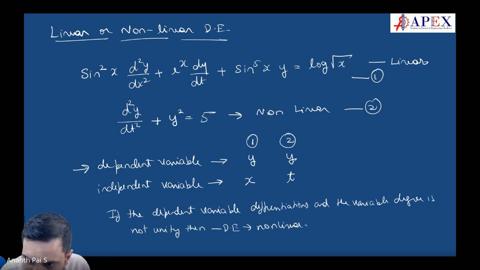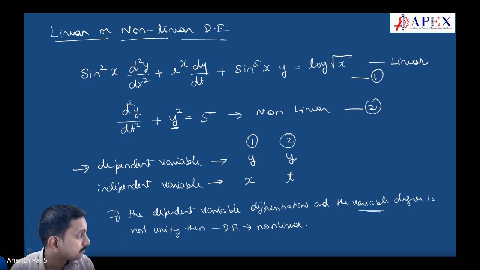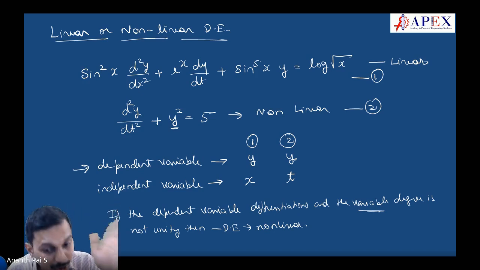Now what is happening? The variable here is y square, the dependent variable is y, and there you have a square. It is not unity. Even if it is square root, if I had 1 by 2, then also it is non-linear. If it is not 1, it is non-linear.